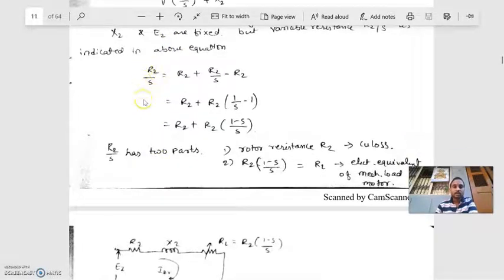We can rewrite R2 by S by adding and subtracting R2. Therefore R2 plus R2 by S minus R2.